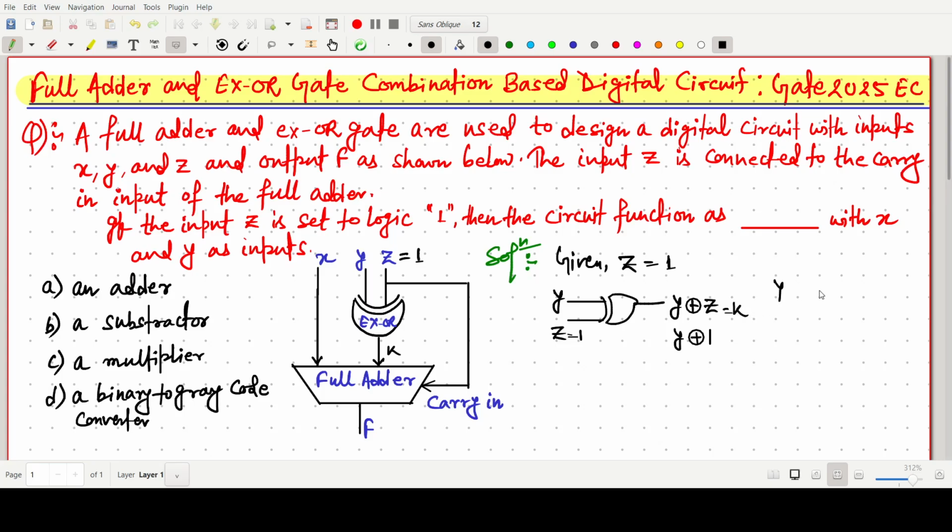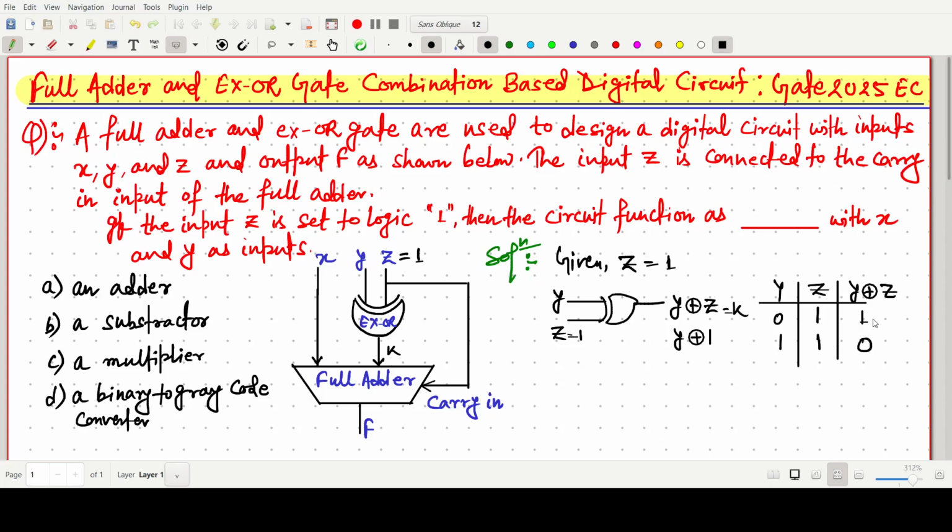So we write k equals Y XOR Z. Y may be 0 or 1, and Z will always be 1. So for Y equal to 0, the output is 1, and for Y equal to 1, the output is 0.